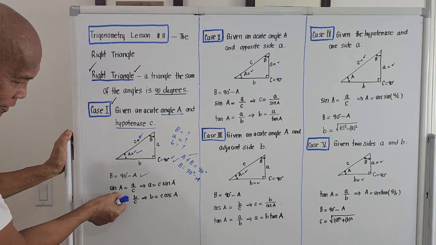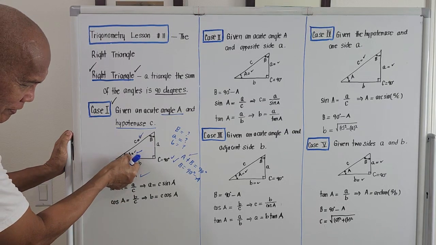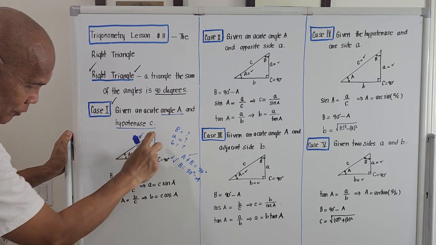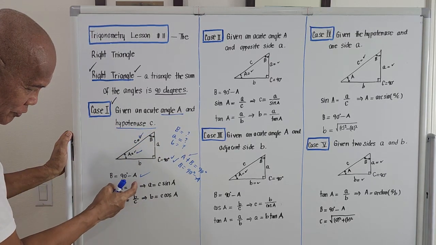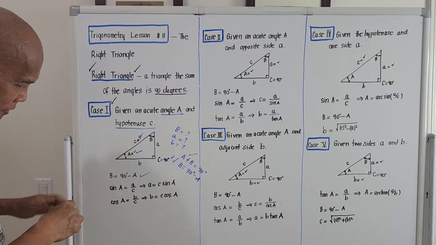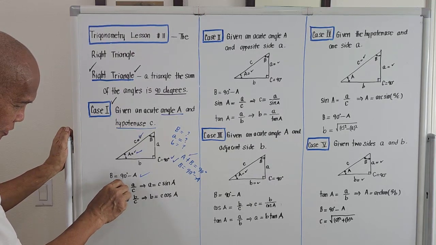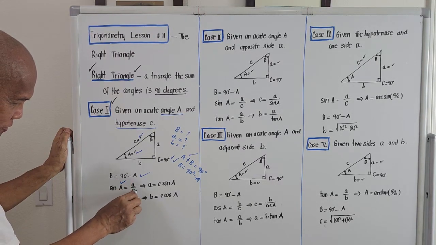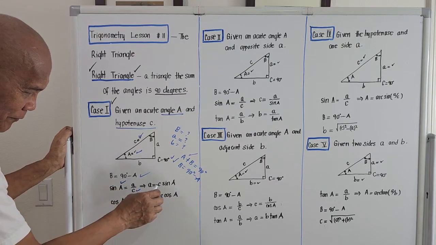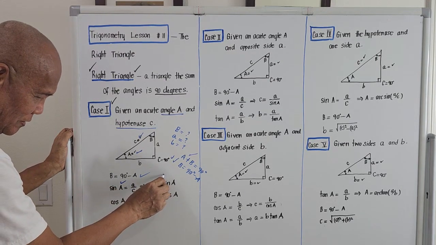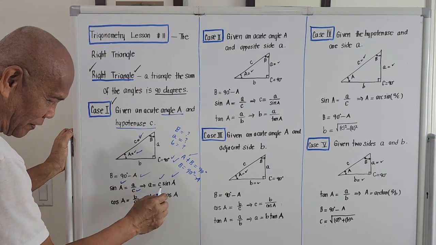Sine. So sine of angle A should be the ratio of its opposite side over its hypotenuse. So it should be the ratio of A over C. Angle A is given, side C is given. So if we try to compute for A, it will be equal to the hypotenuse times the sine of angle A.